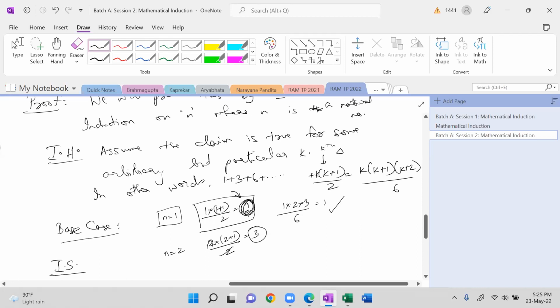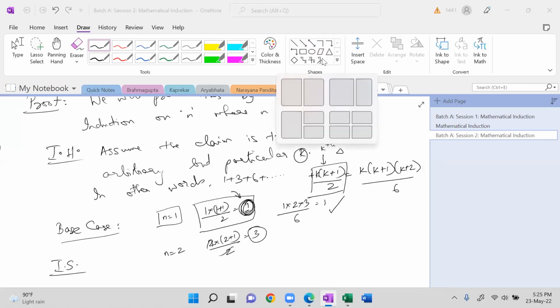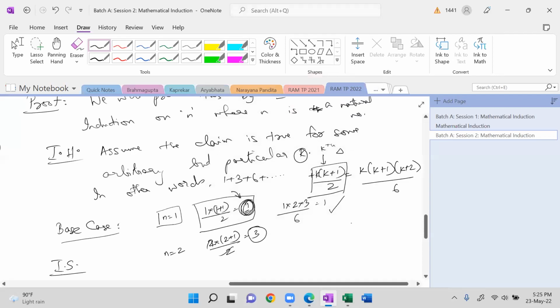What is k? The limit. K is the kth triangular number, and k times k plus 1 is the value of the kth triangular number. So k is basically the greater limit. I think I have understood you correctly, but I'm not sure about greater limit, but never mind. If you are convinced, yeah.